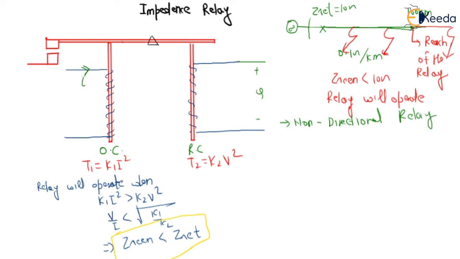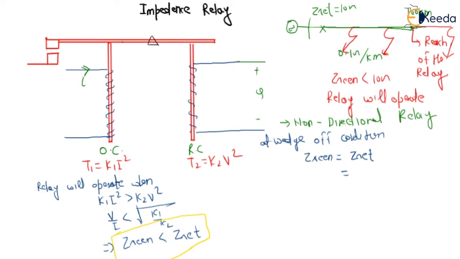Now we consider the wedge off condition, or you can say the verge condition. At the wedge off condition you will see Z seen is equal to Z set, and Z set is a fixed value and Z seen is varying. Let us assume Z set is some value, under root K1 upon K2.